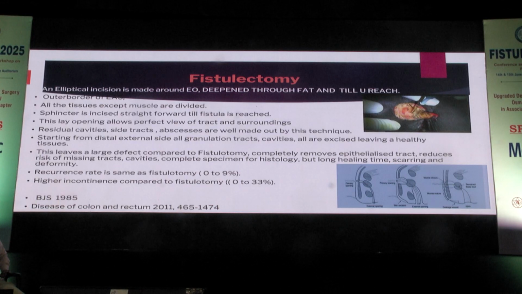This leaves a large defect compared to the fistulotomy. It completely removes the epithelialized tracts and reduces the risk of missing tracts and cavities. The complete specimen can be sent for histology, but there is long healing time, scarring and deformity. Recurrence rate is the same as fistulotomy, 0 to 9%. Incontinence is higher compared to the fistulotomy.